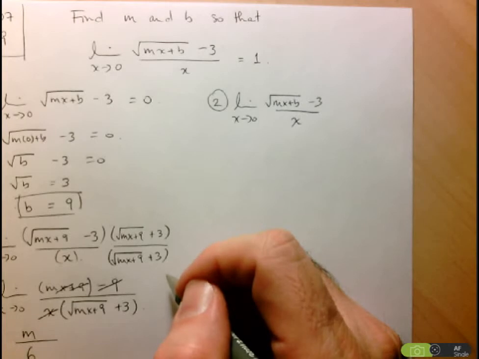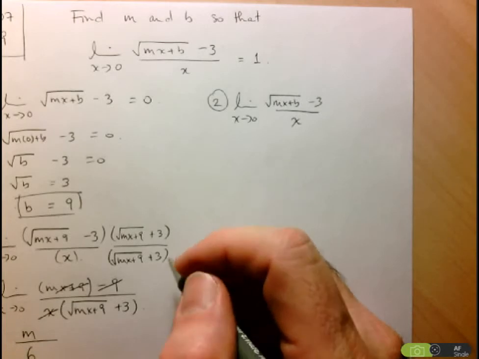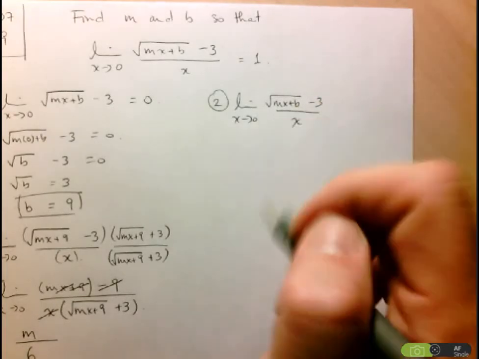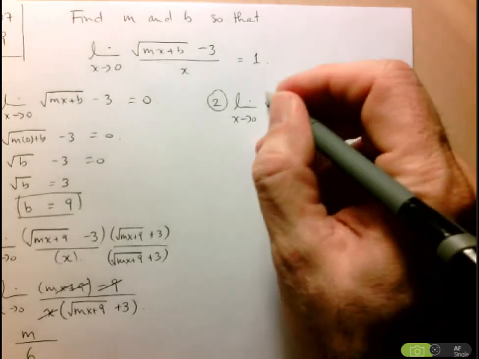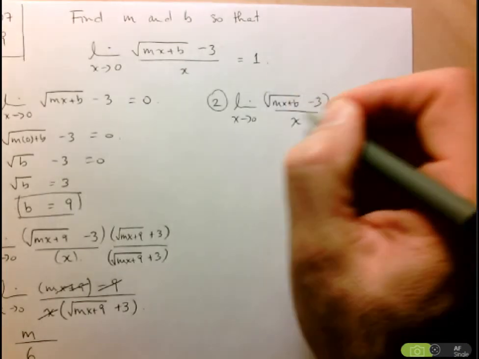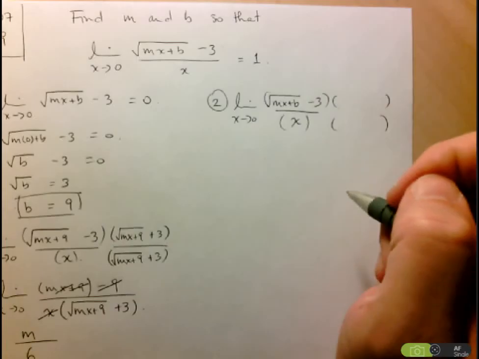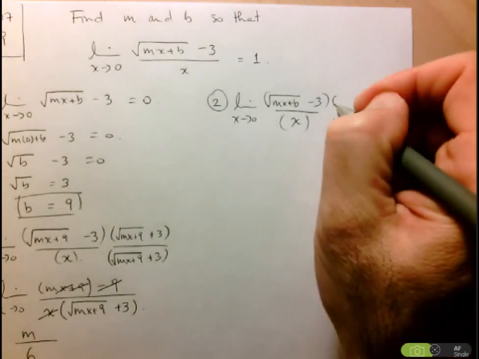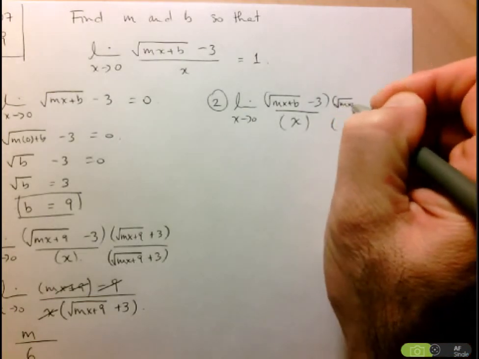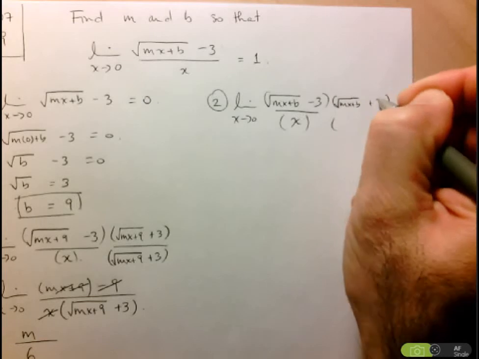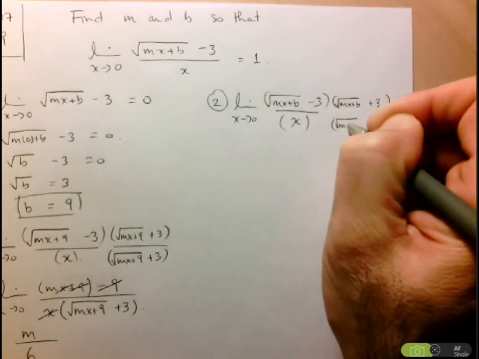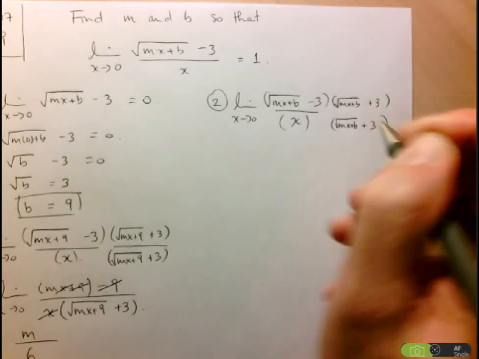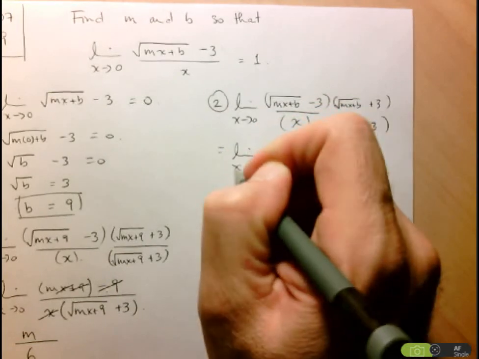Let's see what I can do. Do some algebra to try to simplify this out. So again, I'm going to multiply numerator and denominator by the conjugate of this numerator, the way I normally would do. So square root of mx plus b, plus 3, square root of mx plus b, plus 3. And just see where it takes me.